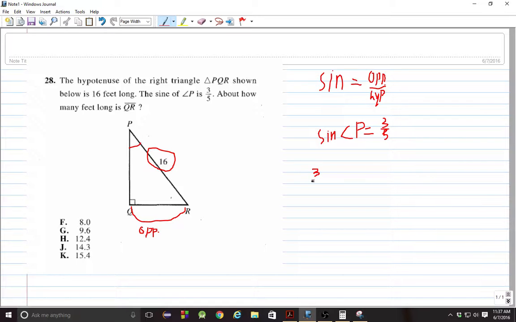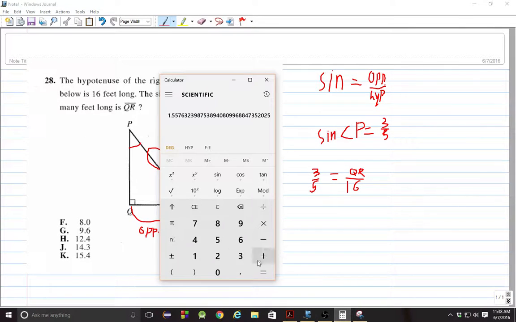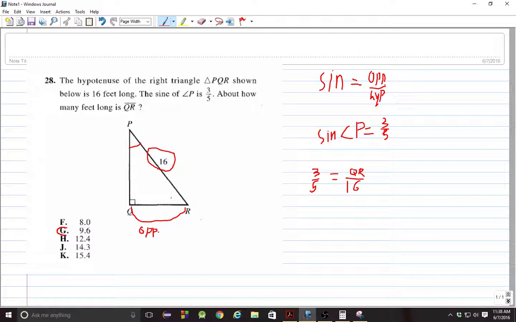So 3/5 equals QR over 16, the length of QR over 16, opposite over hypotenuse. And when we substitute this in, we get 48 divided by 5 equals 9.6. So the answer is G, 9.6.